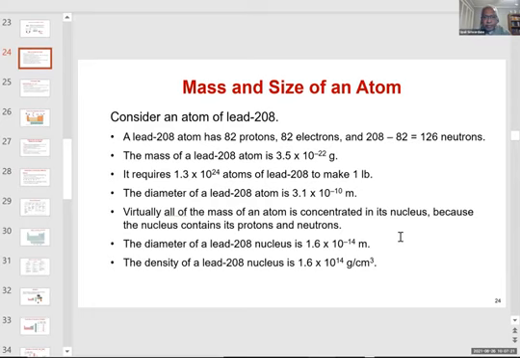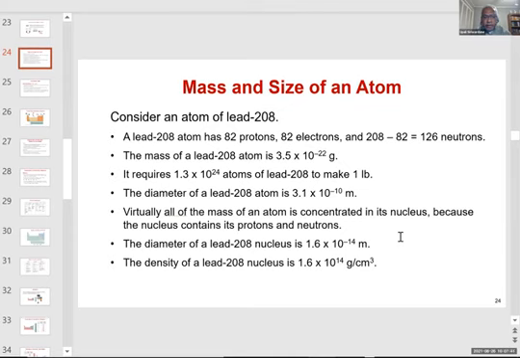Virtually all of the mass of an atom is concentrated in the nucleus because the nucleus contains protons and neutrons, which have much higher mass than electrons. So mass is mainly coming from neutrons and protons.